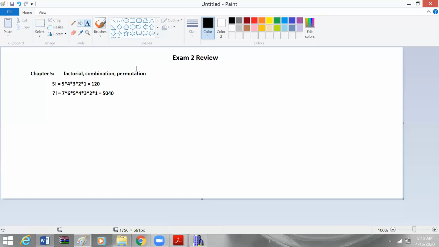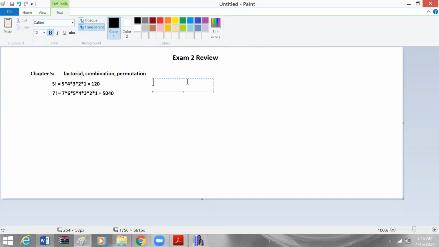Okay, so how are we going to deal with the permutations? For the permutation, they are going to give us the P, for example. They're going to ask us to do 20, and then we pick 3. So what should we do for this type of question? 20 will be the first starting number, so we start from 20, right? And then how many numbers do we need to multiply?